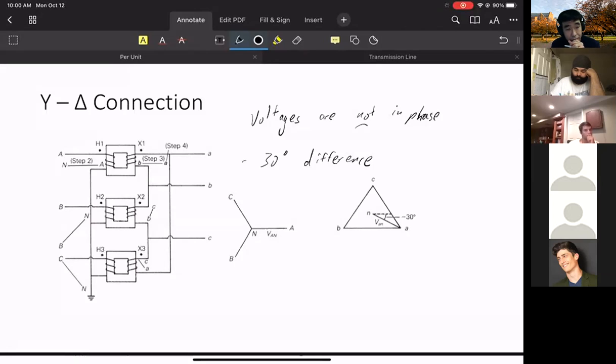I think delta delta. So delta delta we do see a lot. Many connections are delta delta. Why don't we see YY a lot? It's an interesting question to think about. You typically do not see YY connection all that much.